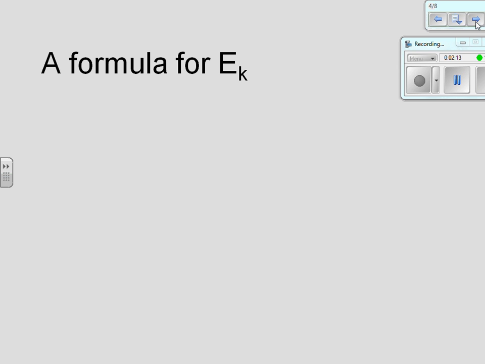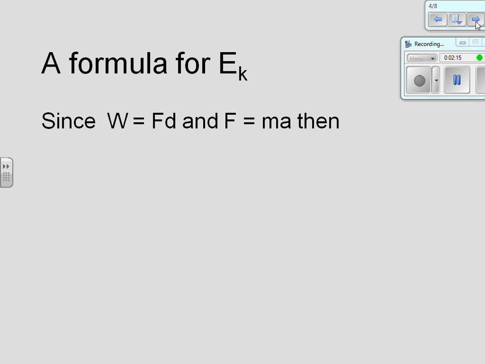Okay, so I need a formula for EK. W equals FD, but remember, from way back, probably about grade 7, I've seen it in my kids' science notes, F equals MA. So I'm going to take this MA and replace the F right there. And what am I going to get? I'm going to get mad.